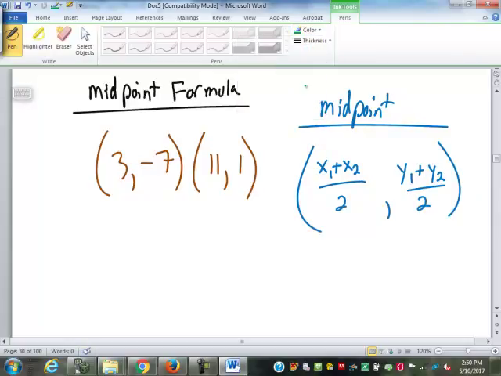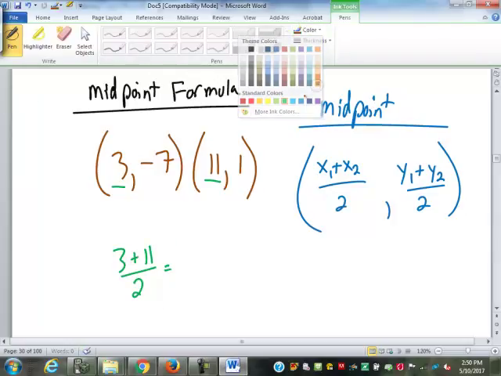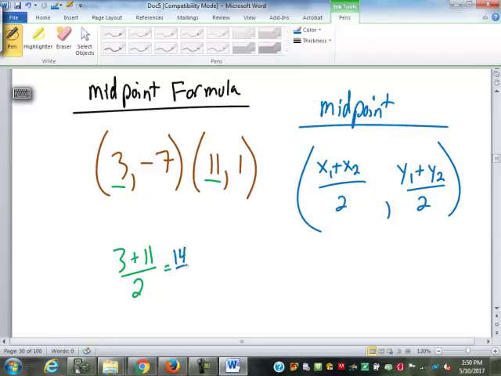So for these 2 points here, I have 3 and 11 as my x coordinates. So 3 plus 11 divided by 2. 3 plus 11 is 14. 14 divided by 2 is 7. So that is the x coordinate of my midpoint.